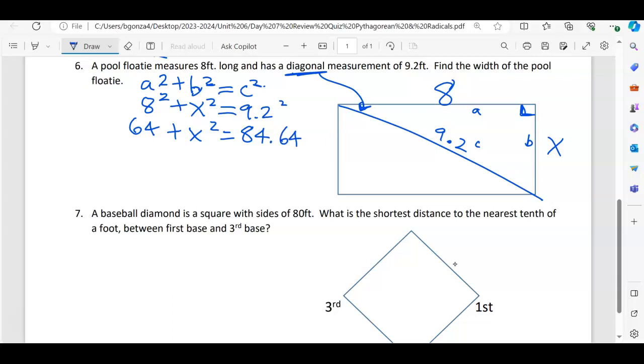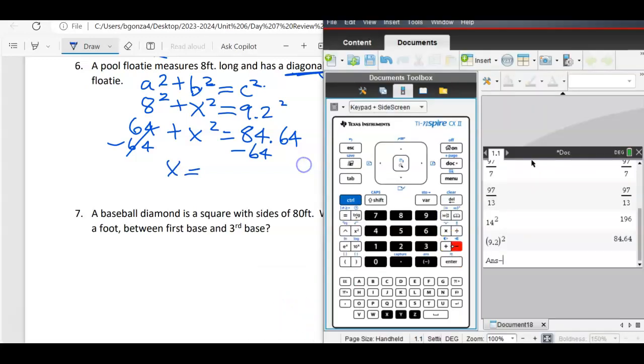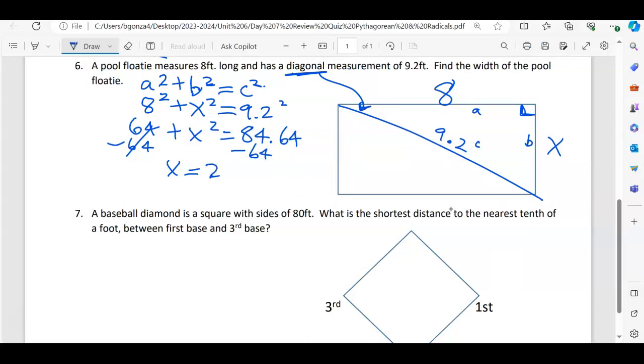Okay, then I need to solve for x, so I subtract the loner 64 because I have a missing leg, and I get 20.64. Okay, last step, square root.